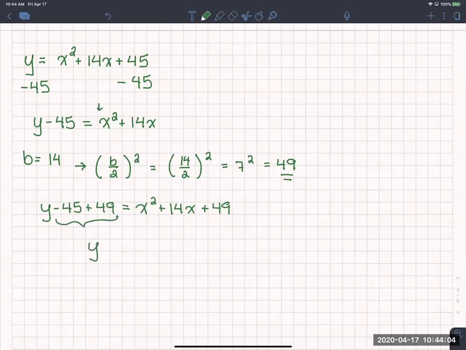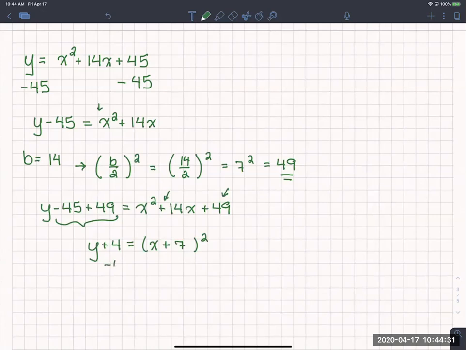That gives me negative 45 plus 49 is 4. And on the right side, we're going to factor this. So it's the square root of the first term, plus or minus, which in this case is plus, the square root of the last term, which is 7.